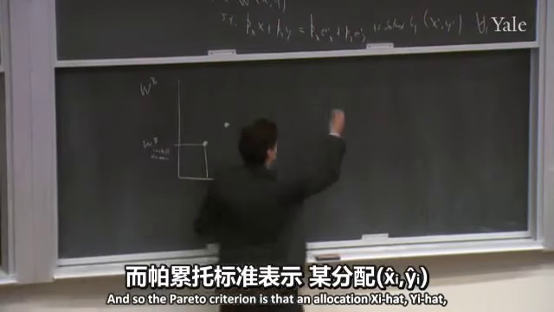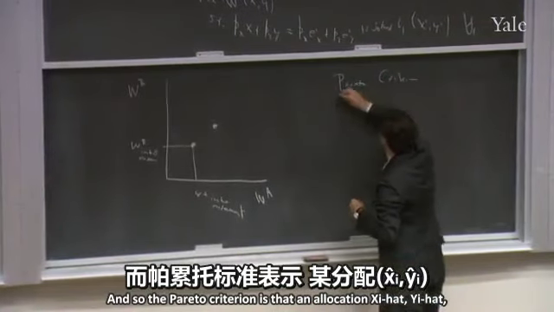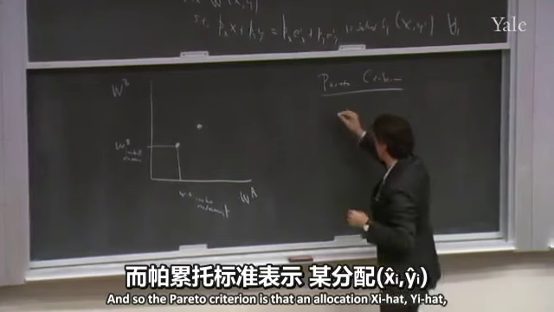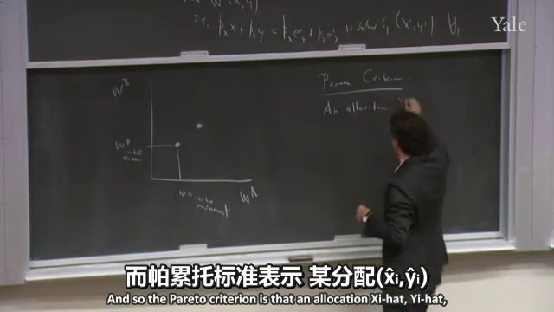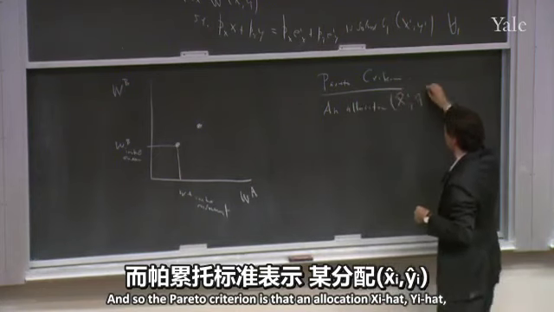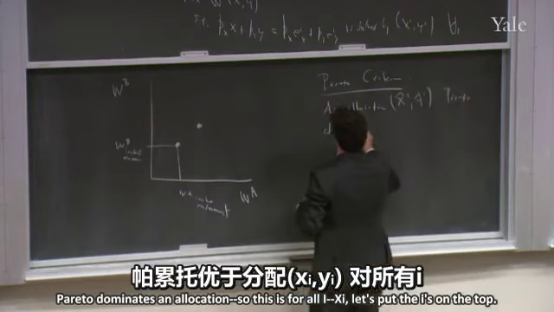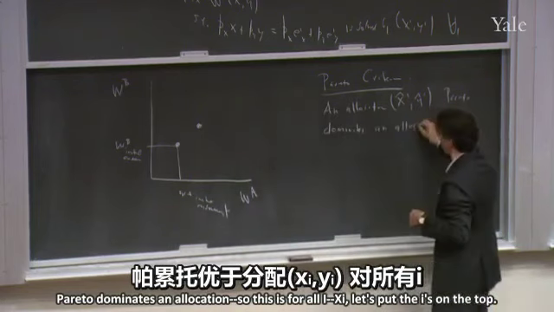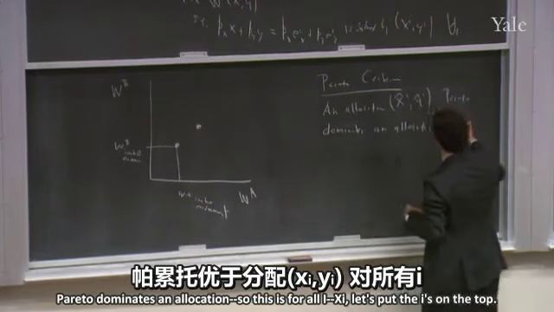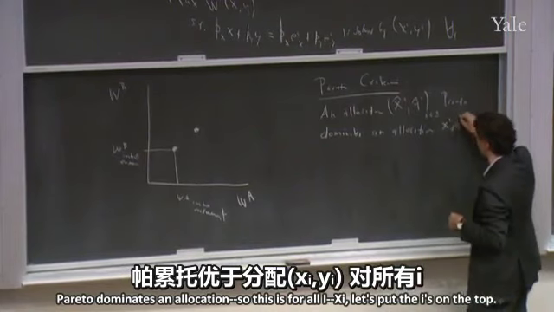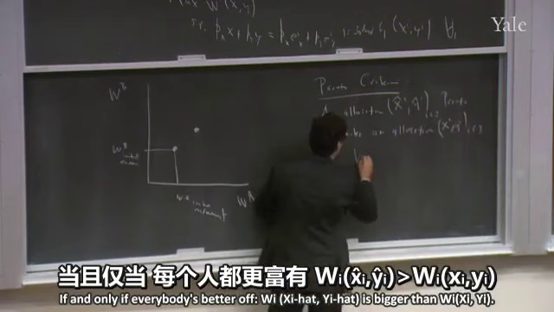And so the Pareto criterion is that an allocation x hat i, y hat i Pareto dominates an allocation xi, yi, for all i, if and only if everybody's better off.